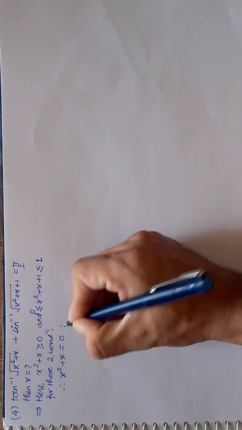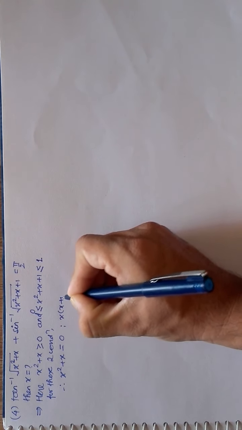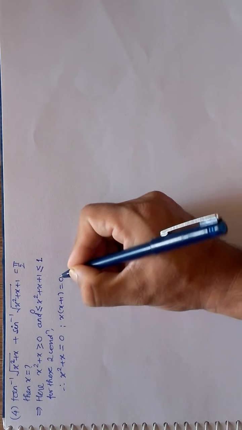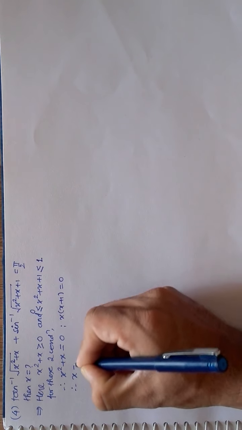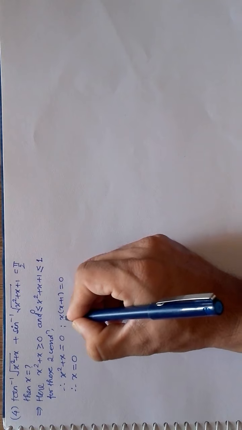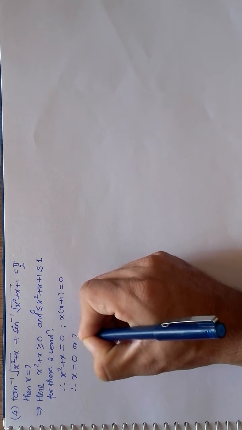So I get here x into x plus 1 is equal to 0. So obviously the value of x will be 0 or x is equal to minus 1. So this is only a fundamental question. For tan inverse under root to be true, I need to have x square plus x either 0 or a positive number.